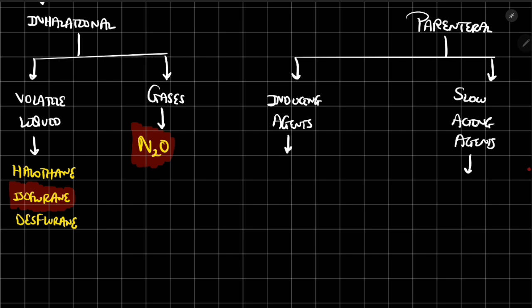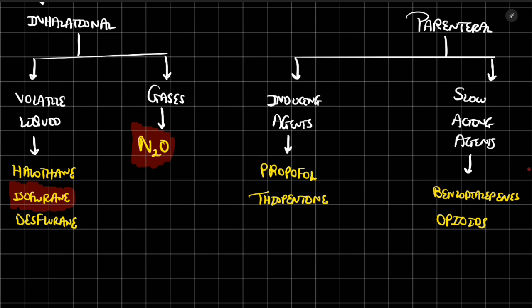In inducing agents we have propofol and thiopentone, which are sometimes also used as anti-epileptic drugs, but as general anesthesia they are more important. In slow acting we have benzodiazepines and opioids. So these are some examples of general anesthesia drugs.